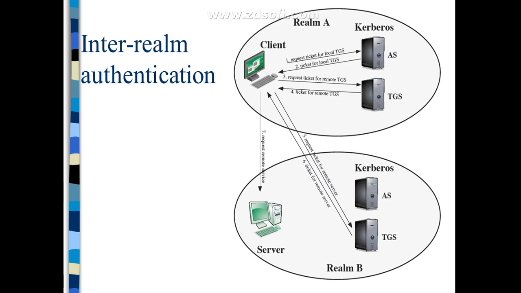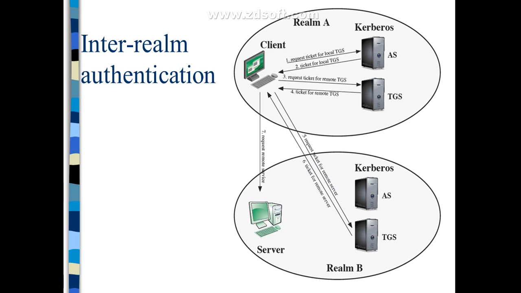Then the client, with the help of that local TGS, now requests the remote TGS. Once the client got a ticket from the authentication server, and was able to prove itself as a valid entity, it now requests a remote TGS. Why remote TGS? Because the client needs a service from another realm. The client doesn't want a service from the same realm, the client wants a service from the other realm.